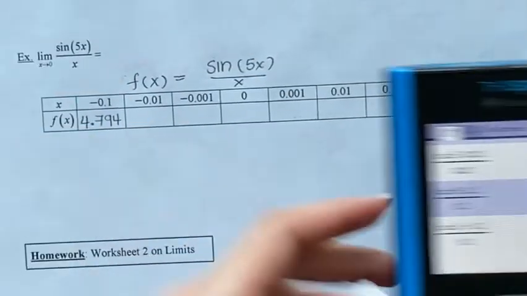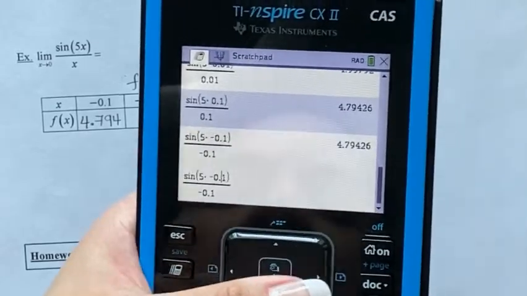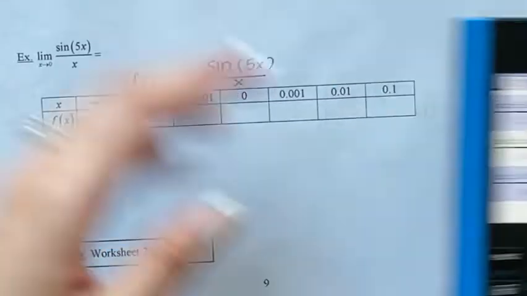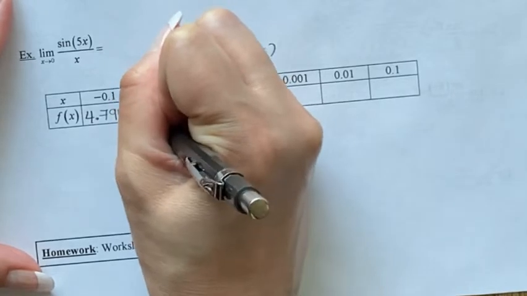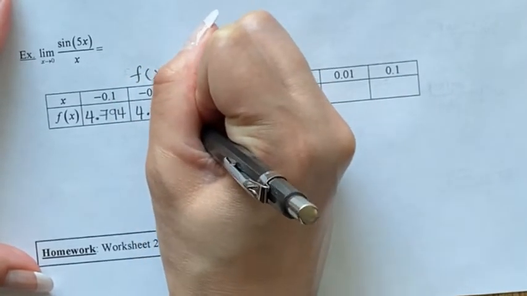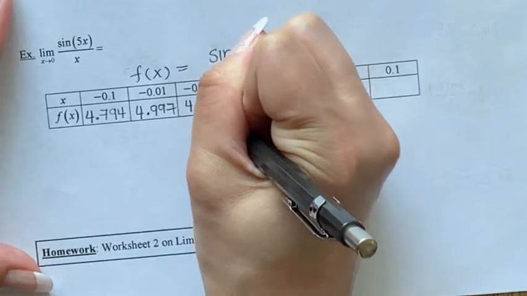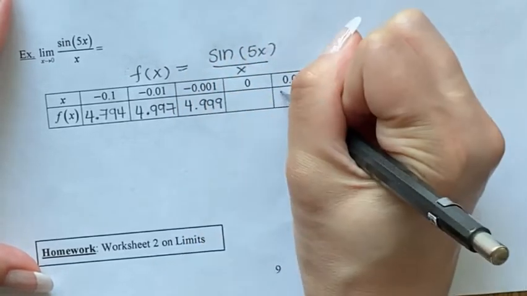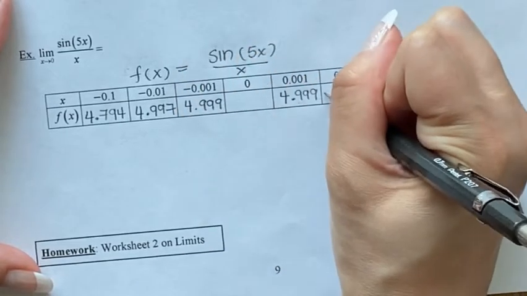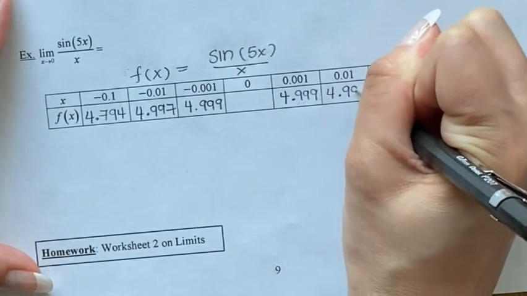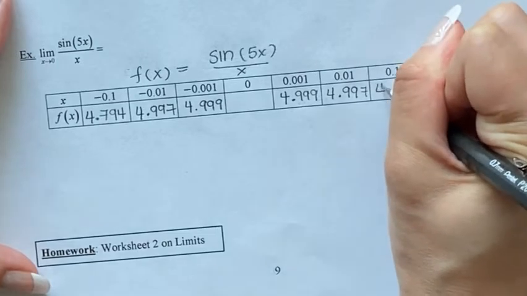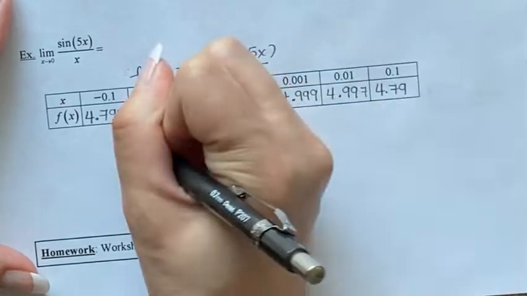In the same way, you copy this value, and then I add a 0 here and a 0 over here, and you see that it's 4.997. The next one is 4.999. This one is going to be 4.999. When you evaluate it in the calculator, this one is going to be 4.997. And last but not least, this one is going to be exactly the same as this one.